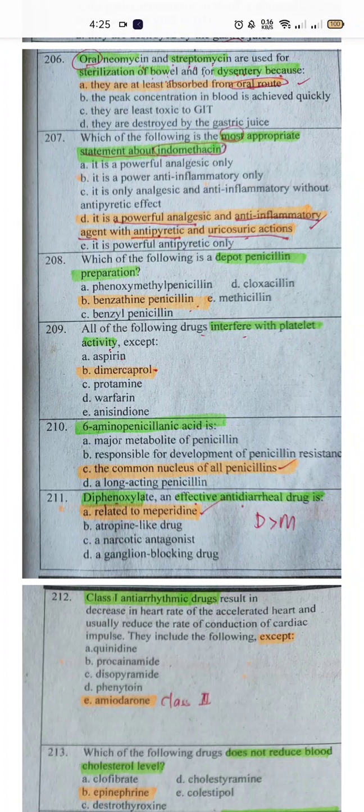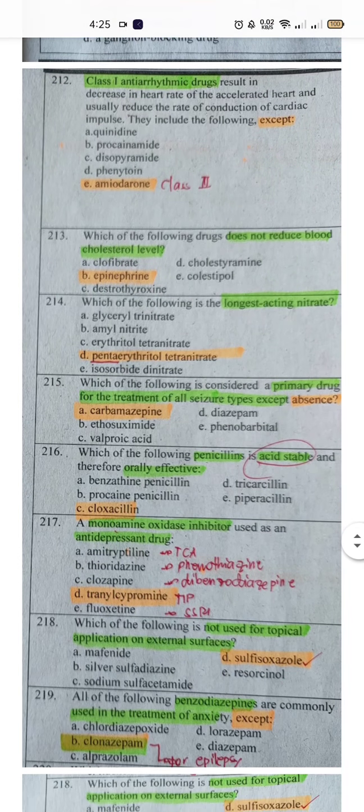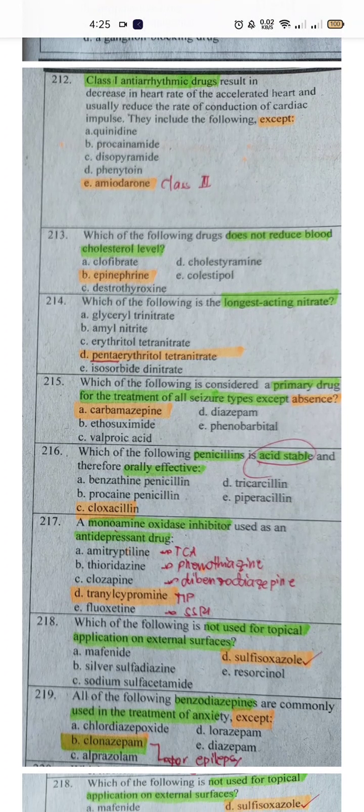Your class 1 antiarrhythmic drugs are also known as your sodium channel blockers. By the way, your amiodarone belongs to class 3 or your potassium channel blockers.